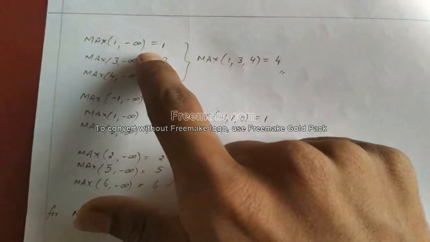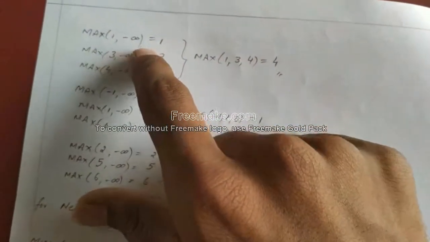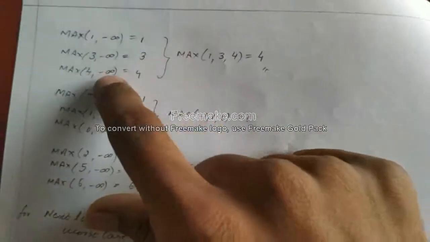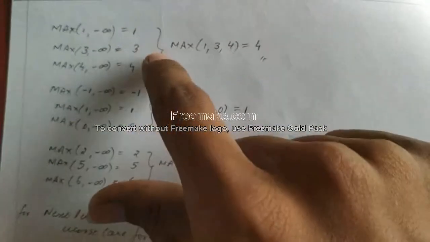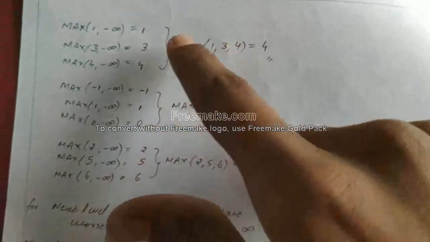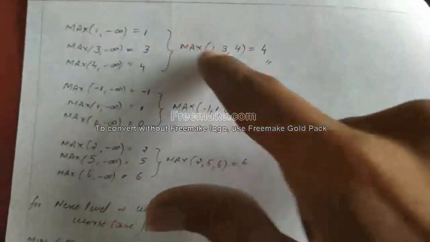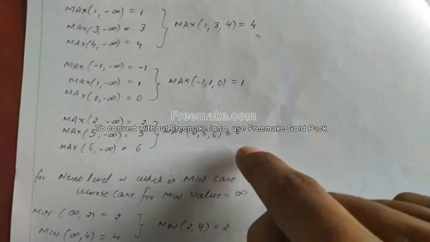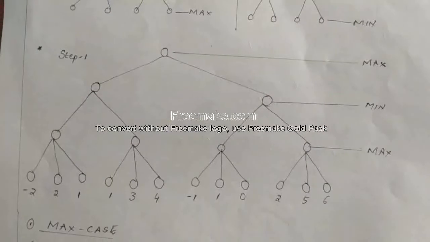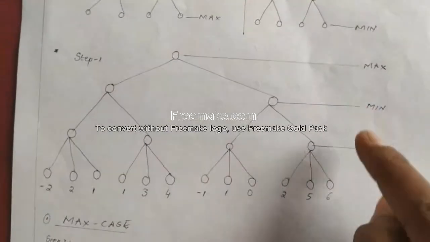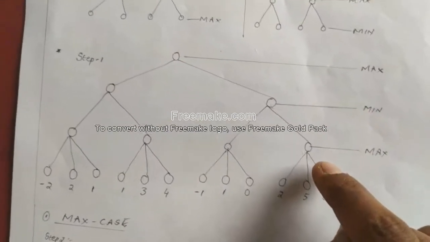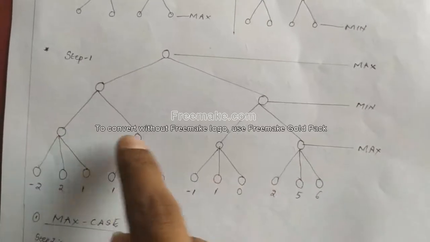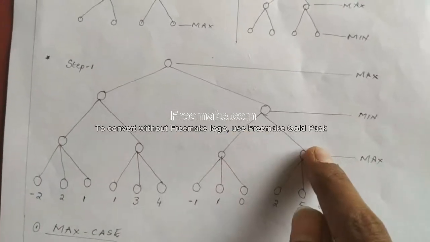The max of 1 comma minus infinity gives you 1, and the max of 3 comma minus infinity gives you 3, and so on, and we group all these values together, so the maximum value is 4 here. In this case it's 1, and in this case the maximum value is 6. Once we have found all the maximum values, we rename these nodes with the maximum values.